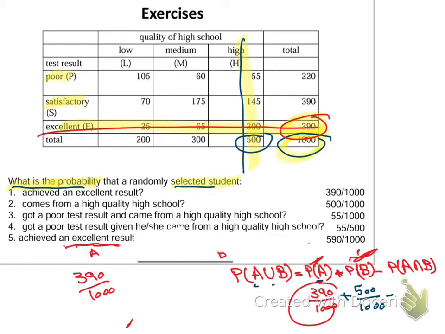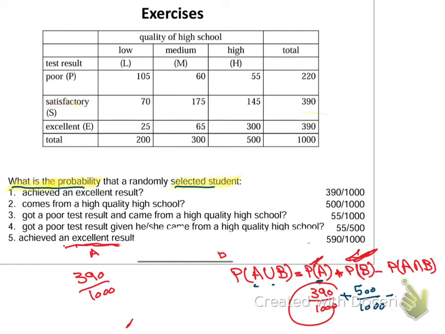When I come to the probability of B, which is high quality, so I ignore everything and consider only high quality. So I consider he achieved high quality school. So when I look at high quality school, what is high quality?